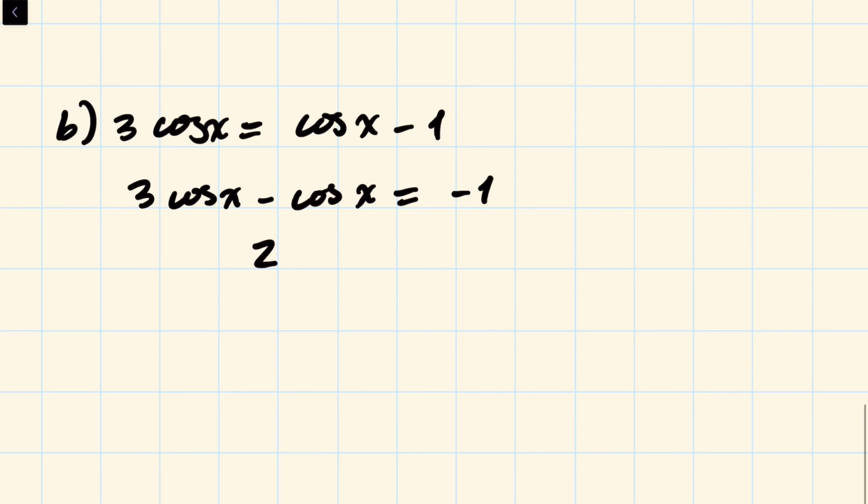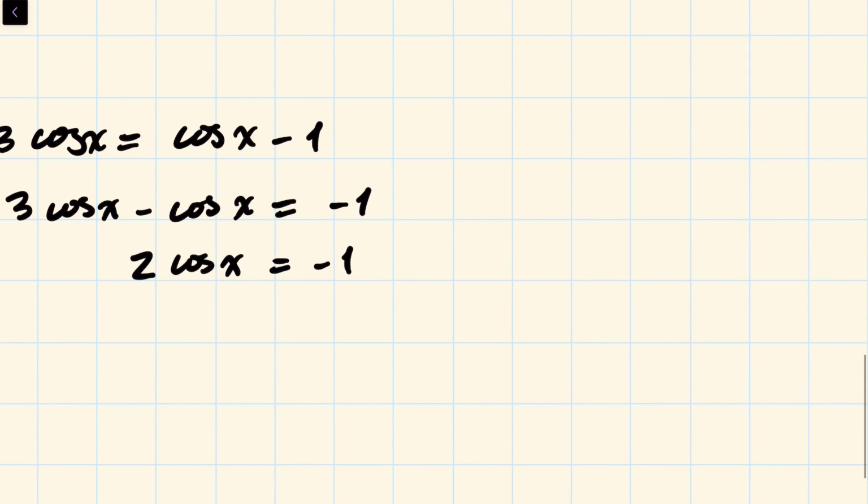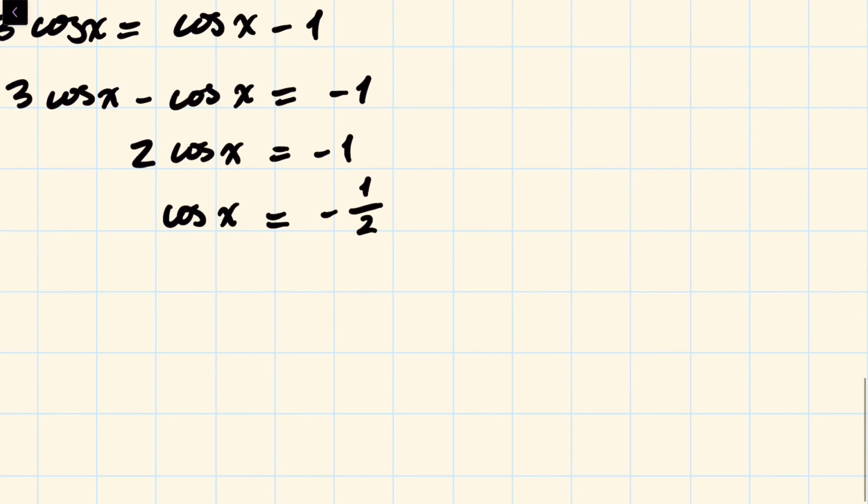Okay, and now we're going to have 2 cosine of x equals -1. So dividing both sides by 2, we get the cosine of x is equal to -1 over 2. Okay, so isolating for x now, we get x is equal to the inverse cosine of -1 over 2.